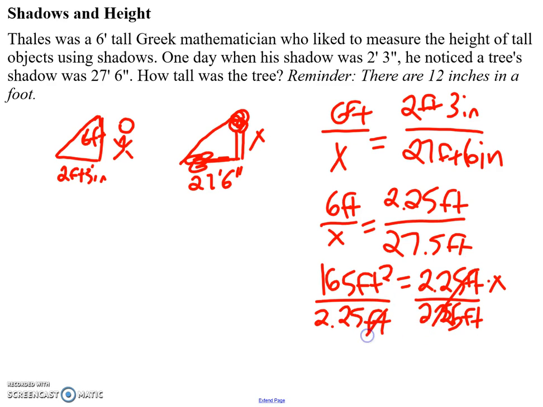And I know that the feet will cancel that feet squared, leaving me just with a single foot. And then when I divide 165 by 2 1/4, I get 73 1/3 feet. And if I convert a third of a foot, that would be 73 feet and 4 inches.